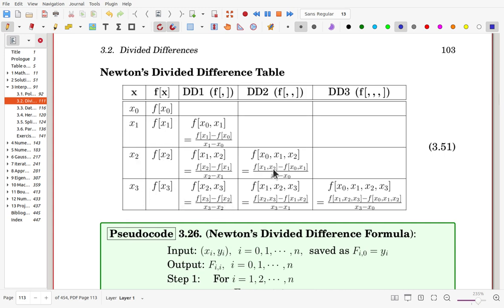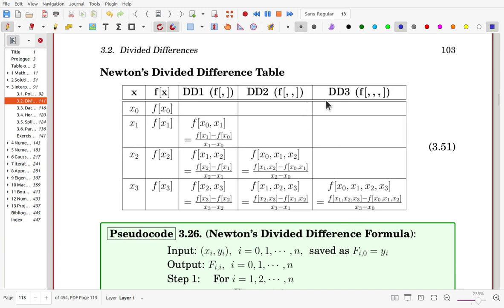Now for the second divided difference, these two subtractions are divided by x2 minus x0. For this one, these two subtractions are divided by x3 minus x1. This is second, so you have to get a second point from here.